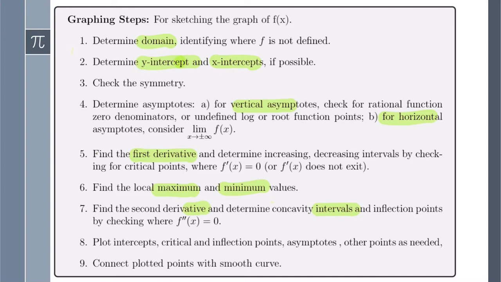We'll use calculus to do those things, and then putting them into a graph helps us really understand the things that we have learned so far.